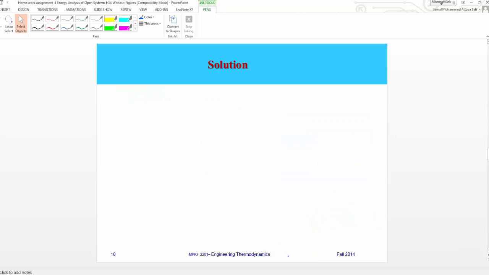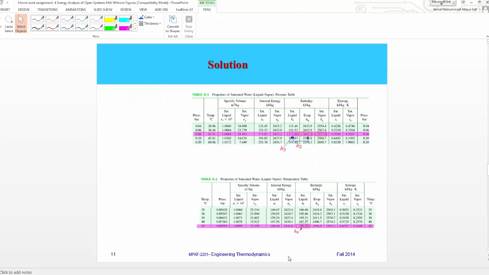And by knowing this, I can go to the saturated tables now at the pressure base, and this is the pressure that I have, right? And I have also X2.